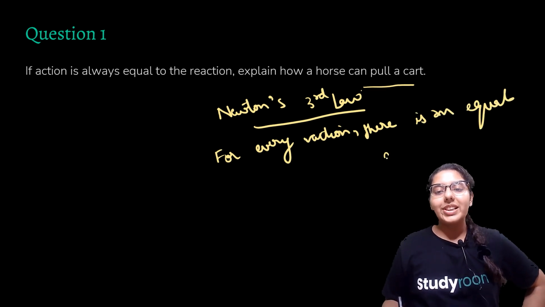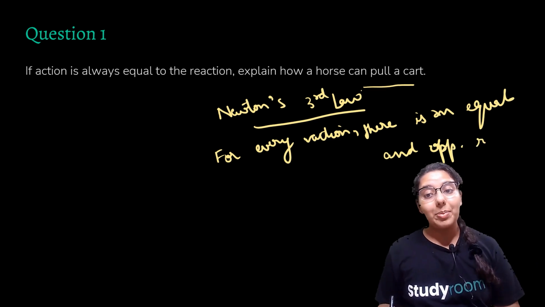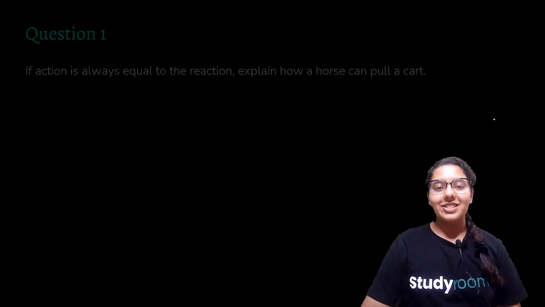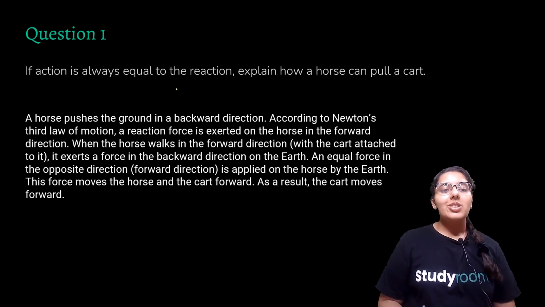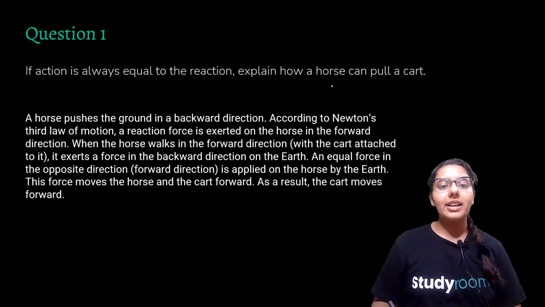This is so interesting, right? This is true in our life also. For every action there is an equal and opposite reaction. If you do good, you get good, right? So only Newton's third law, this principle, is acting in this question.